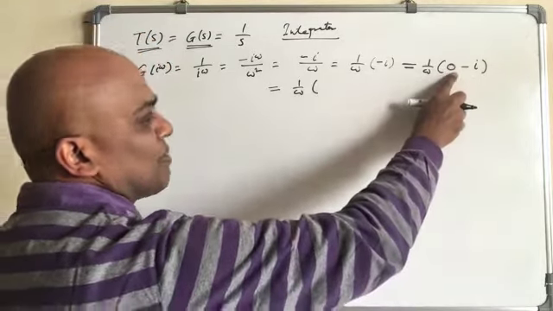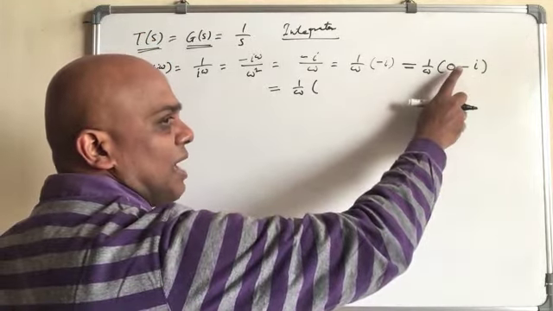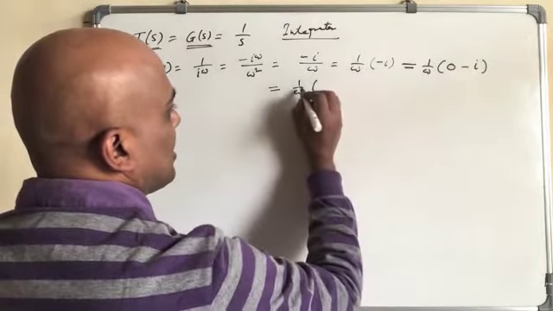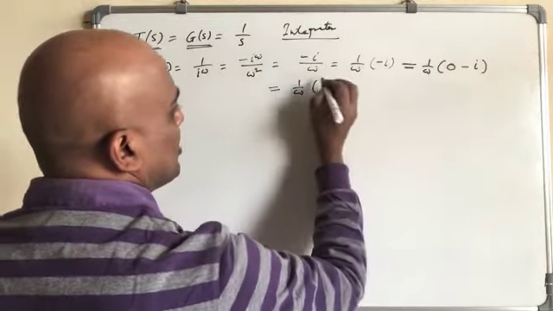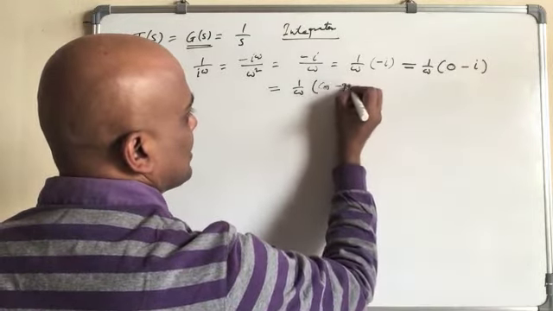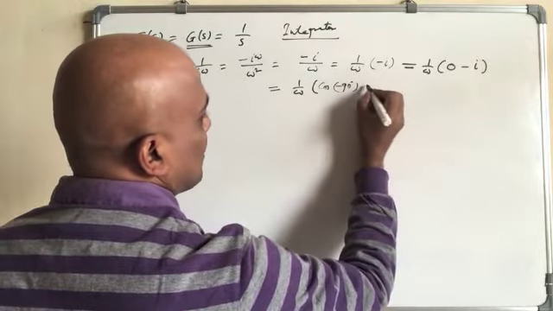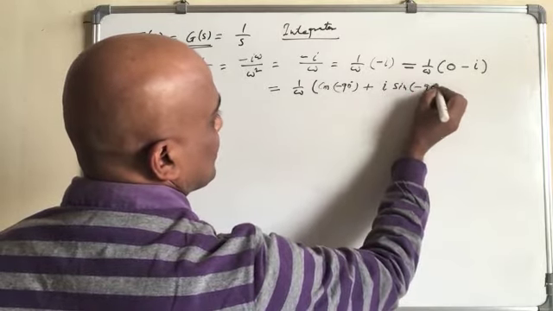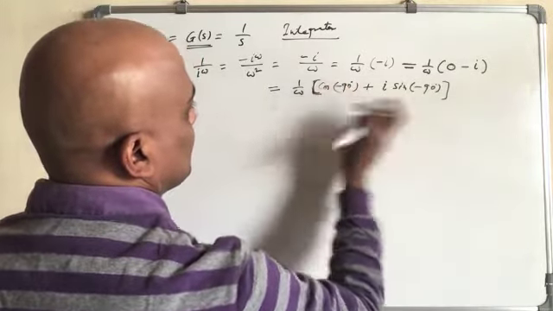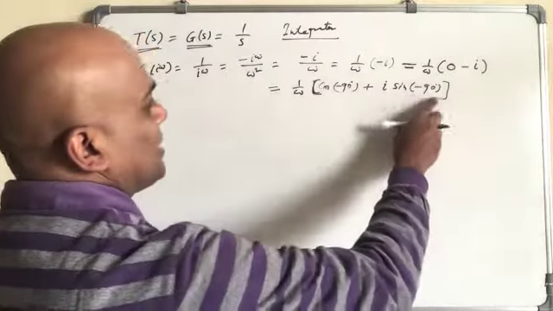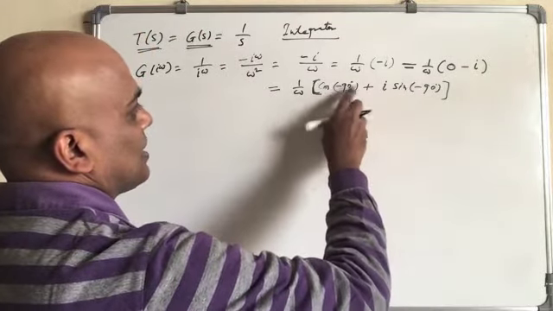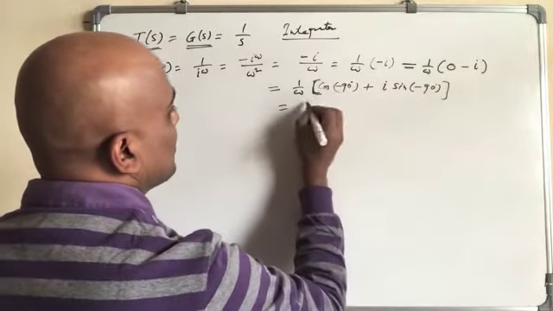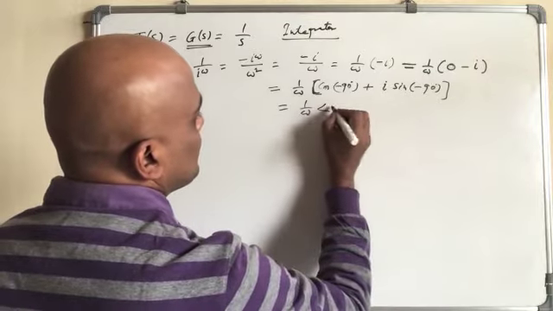So what value will that correspond to? That will be 1 over ω, and here it should be cos minus 90 degrees plus i sine minus 90 degrees. Sine minus 90 degrees is minus 1, cos minus 90 degrees equals 0. So simply it will be 1 over ω with angle minus 90 degrees.